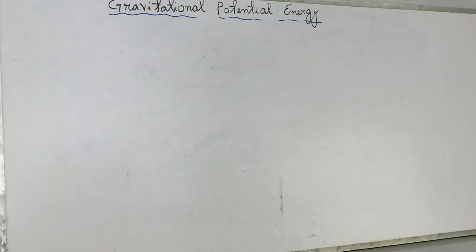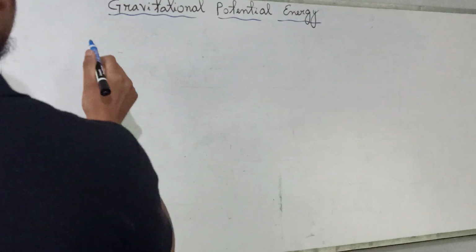Each of these three types of interactions can be explained in terms of the field concept. According to the field concept, a material body, when placed in space, sets up the gravitational field. So, the space surrounding a material body in which the gravitational force of attraction can be measured is called gravitational field.